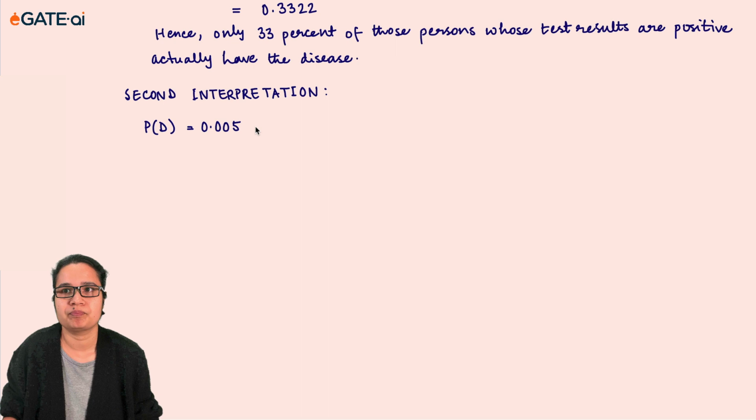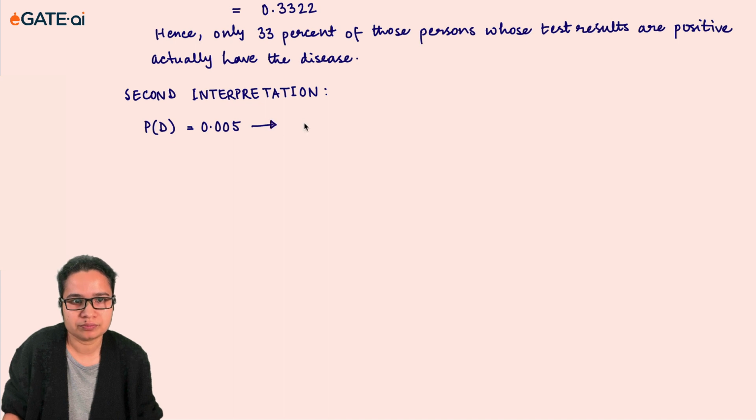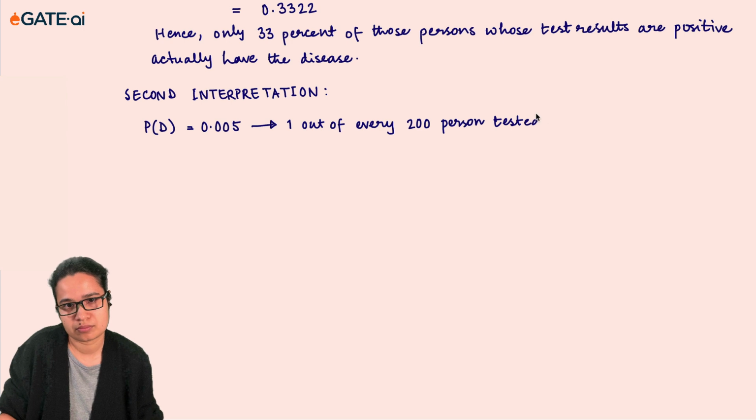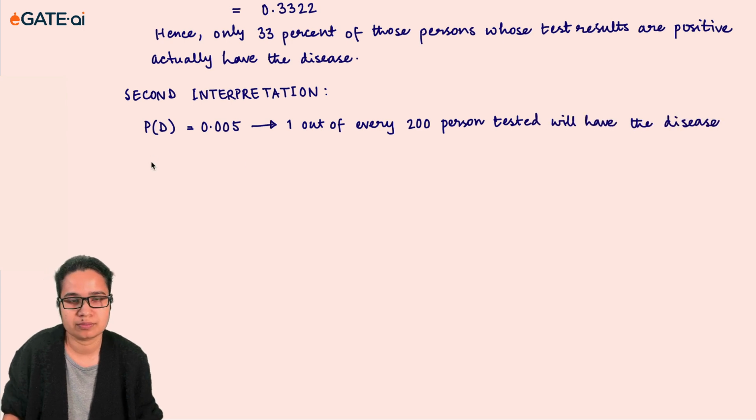So that means that if we test 200 people randomly, then one of them will have the disease, right? On average. So let me write that down. Okay, the second information, we know that when the person in fact has the disease, then the test is 99% effective in finding out the positive result.